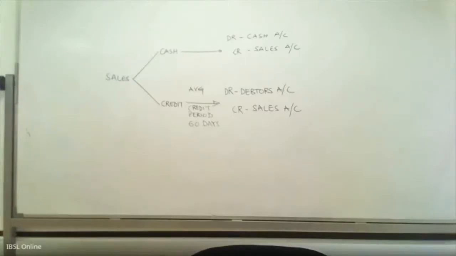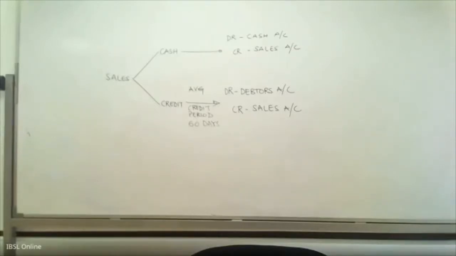In about 30 days' time, let's assume the person to whom you have sold the goods has passed away. He has met with an accident and he has passed away. Now, what is going to happen? The amount of sales that you have made to this particular person.